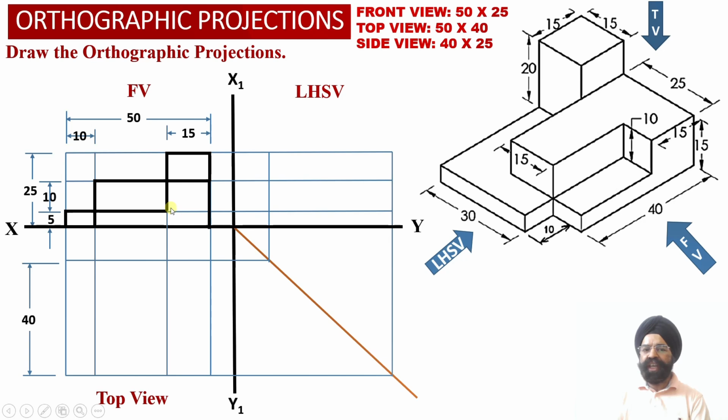And now we can check another thing. This element number 3 is resting on top of element number 1. So the base of this square prism will not be visible to the observer from this orientation.